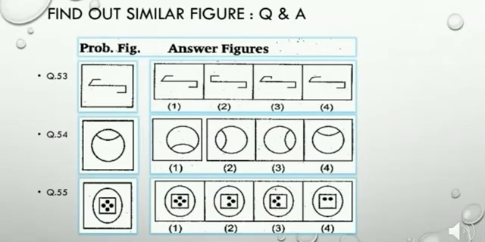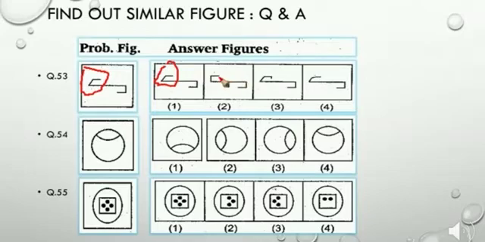Let's go to question number 53. In question number 53, there is a problem figure given and there are 4 answer figures given. We need to find which of the answer figures is exactly similar to the given problem figure. Let's pick one of the portions here and check whether this portion is exactly the same in the given answer figures. In option 1, yes, it is similar.